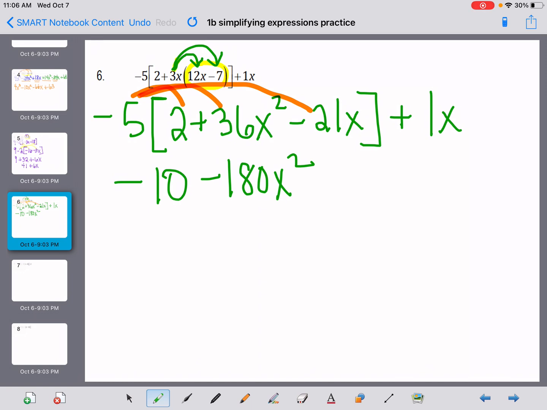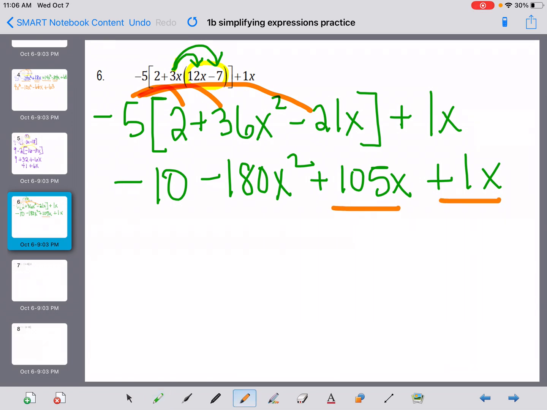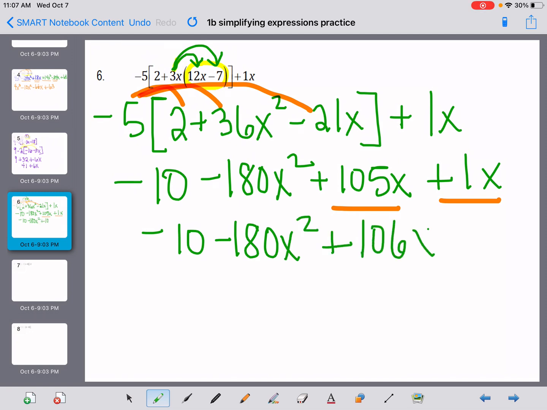Negative 5 times negative 21. Well, negative times negative is positive, and 5 times 21 is 105. And we still have this plus 1x out here. So as we take a closer look here, what we see is that these two terms here are like terms. So we have negative 10 minus 180x squared plus 106x.